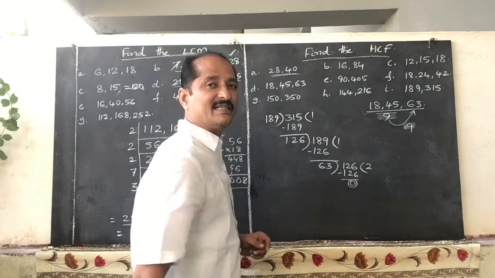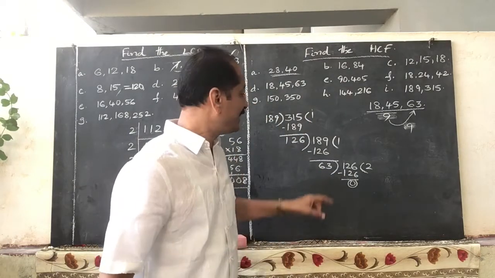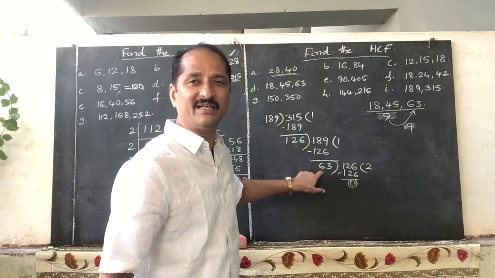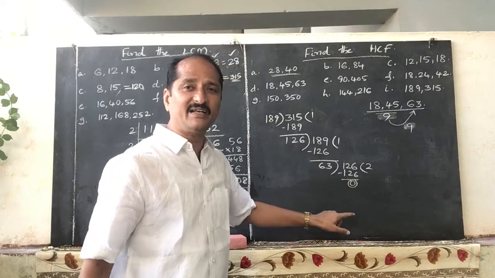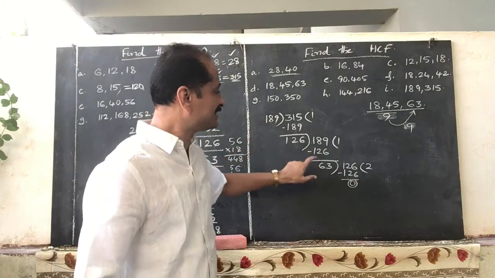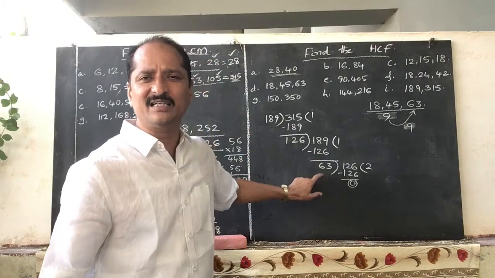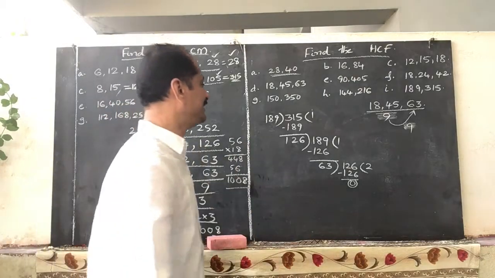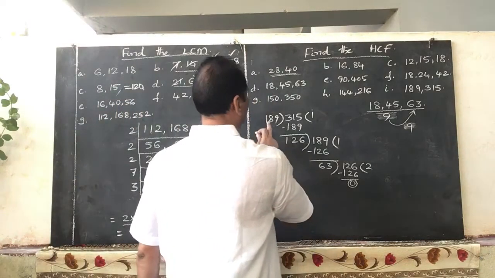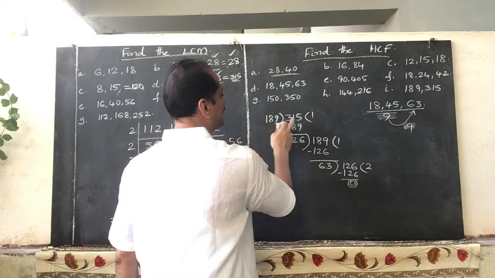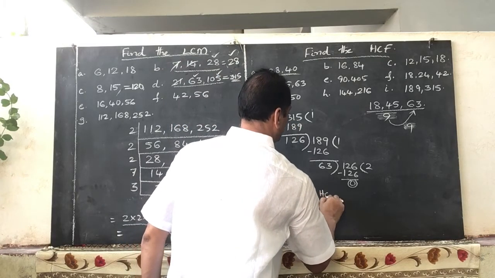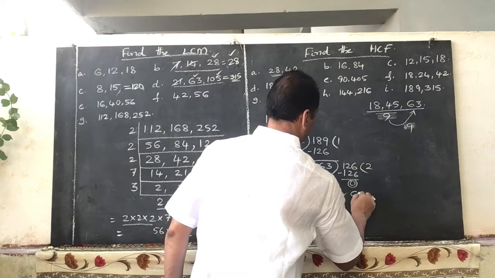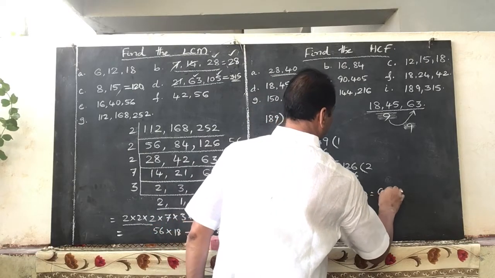So when you got remainder 0 with 63 as the divisor, this is the last divisor. Here we got 3 divisors: 189, 126 and 63. 63 is the last divisor. So this is the GCD or HCF. So the HCF of 189 and 315 is equal to 63.